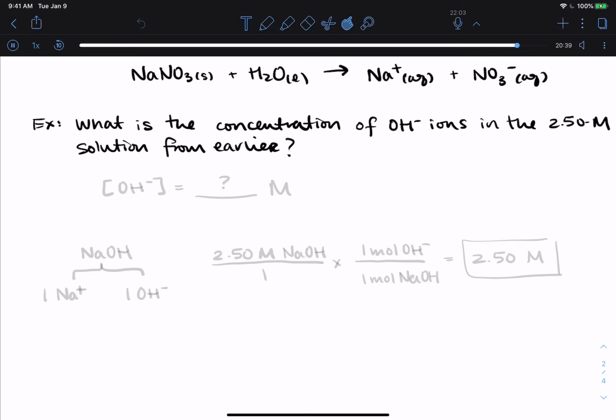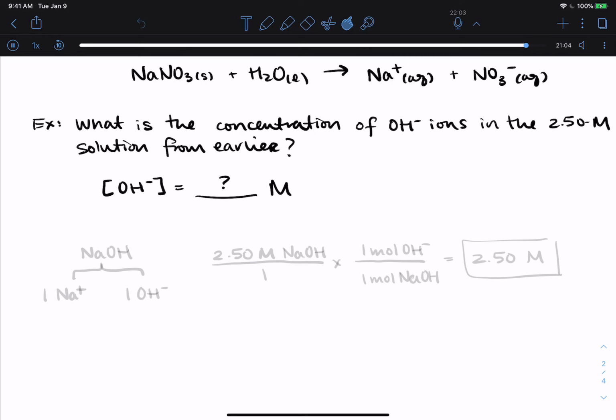And with this, I want to introduce a little bit more notation. So if we put something in brackets, that means concentration of. Now we'll still put units on it, so when we get our answer, it'll have units of molarity, but when we put brackets around something, that's another way of saying concentration.